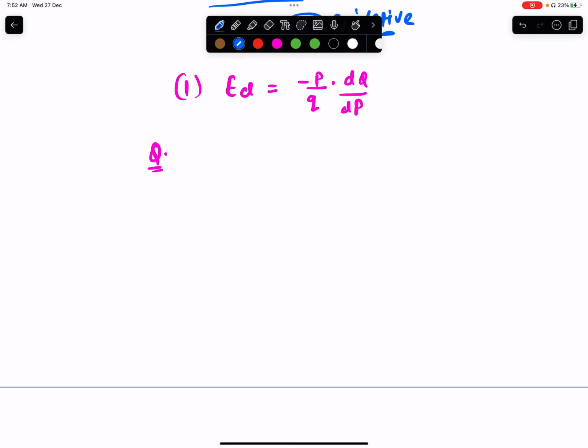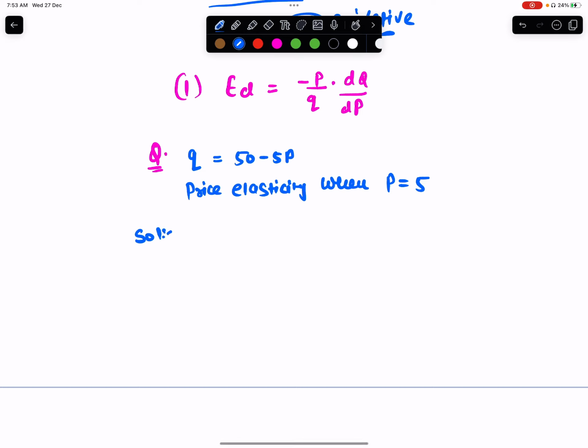Suppose we have been given a question: Q, that is the demand function, is 50 minus 5p. We have to find price elasticity when p is equal to 5. So how will we solve that? First, as we know, Ed equals minus p by q into dq by dp.